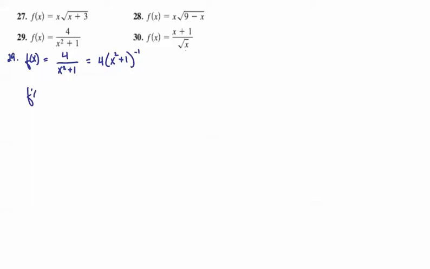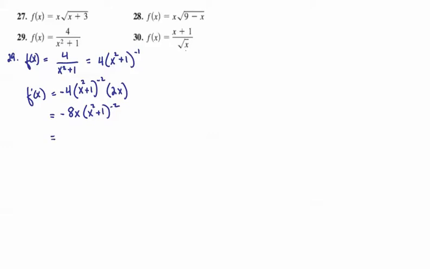Now f prime of x would be negative 4. We have a chain rule here. x squared plus 1, we leave the inside alone, subtract 1 from the exponent, multiply by the derivative of the inside, and then we simplify and get negative 8x (x squared plus 1) to the negative second.